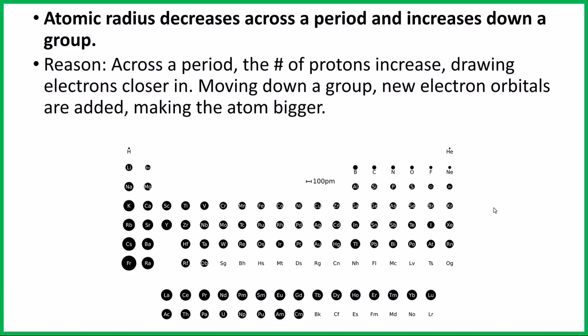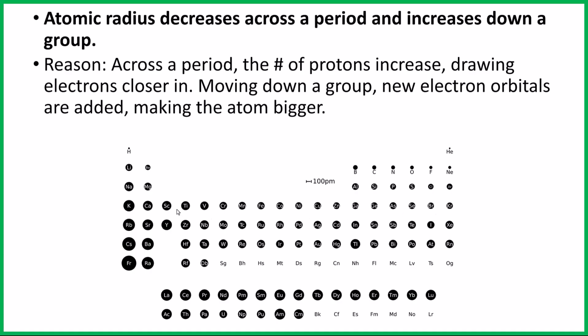And the reason for this is because across a period, the number of protons increase. So if you can picture here, the atomic number for potassium is 19 and the atomic number for krypton is 36. So we're increasing the atomic number across this periodic table, across the period.